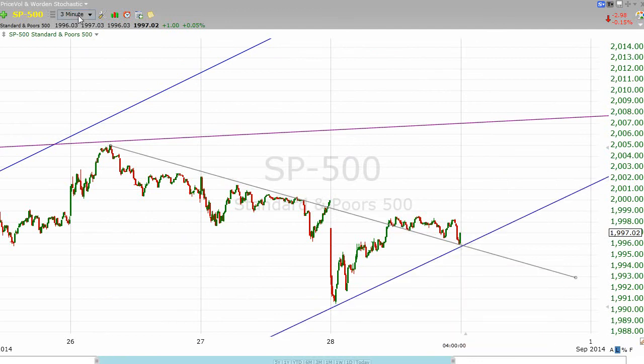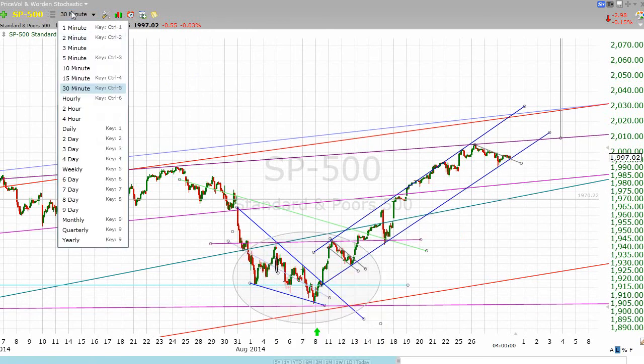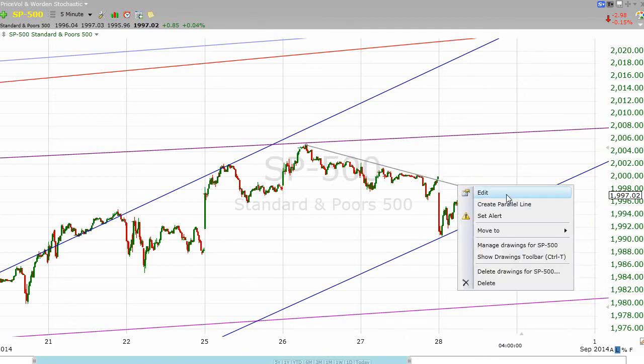Could this be another case where we see one of our little truncated right shoulders? We haven't seen one of those in a while. This one was a little bit smaller than the left shoulder, but I'm not so convinced that that is the case. We'll keep that on the chart just in case, because it is interesting to keep an eye on.